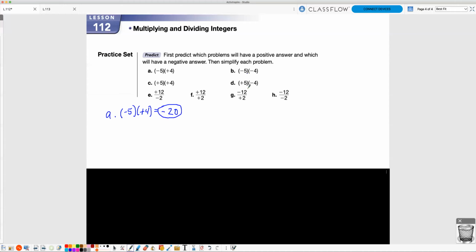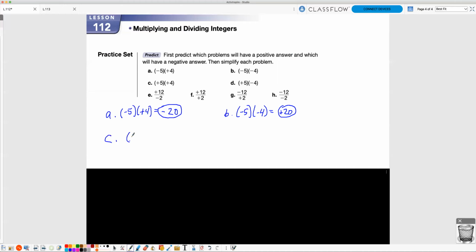For B, you have negative 5 times a negative 4. You know that 5 times 4 is 20. You look at the symbols, they're the same. Because they're the same, it's a positive answer. You can either leave 20 as it is or put a positive sign in front of it. It's both correct.